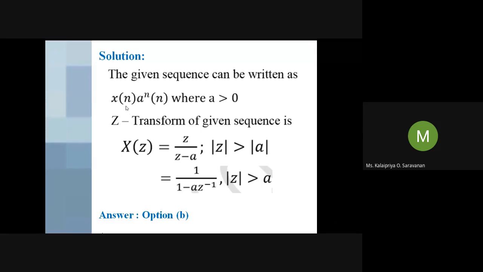So the given sequence can be considered of the format a power n.